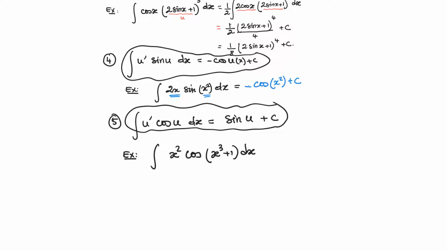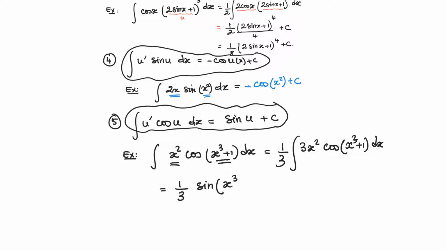Again, the derivative of this is not exactly this, it's actually 3x squared, so we need to introduce the 1 over 3, and 3x squared cosine of x cubed plus 1 dx, and that means it will be 1 over 3 sine of x cubed plus 1 plus a constant c.